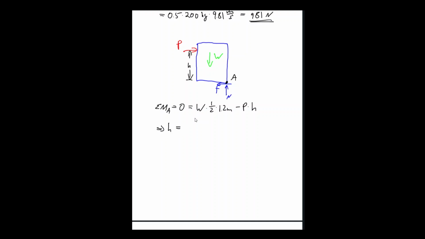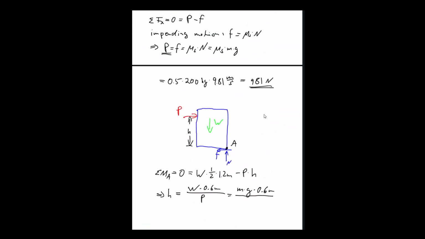Means H is equal to W times 0.6 meters divided by P, is equal to M times G times 0.6 meters divided by, if we go back up here, instead of using that value, if we just put in the symbols, it'll be mu s times M times G. That means that M and G cancel, so I'm left with 0.6 meters divided by 0.5, 1.2 meters.